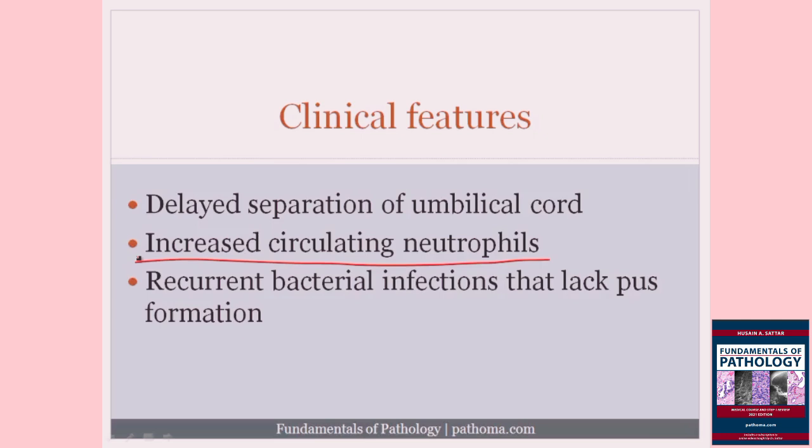The third finding in these patients is that they get recurrent bacterial infections. But what's important is that they lack pus. They get infections, but they don't form pus. Let's remind ourselves, what is pus? Pus is dead neutrophils sitting in fluid. So if patients can't get neutrophils into the tissue, they can't form pus, so they get recurrent bacterial infections that particularly lack pus formation.